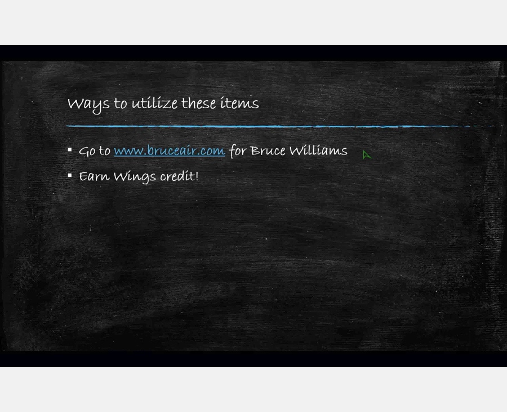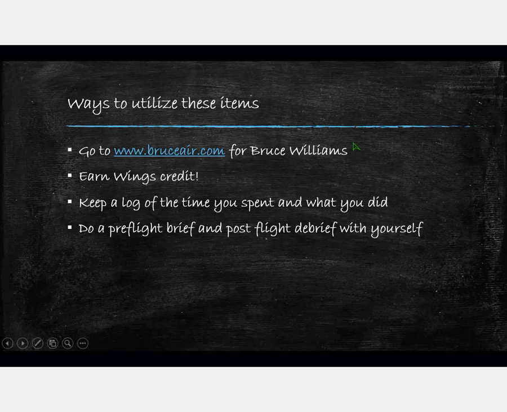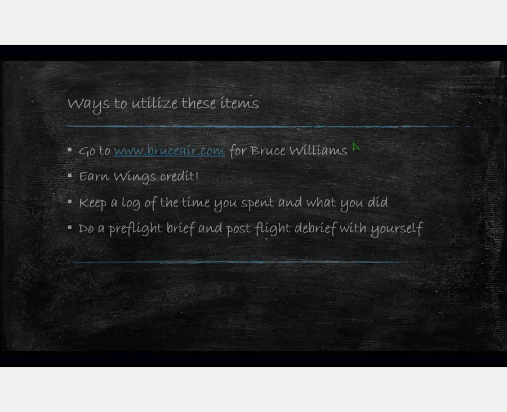You can actually do his books, the FAA Flight Industry Training Standards, have your students, even if they're going for a BFR or something, do those courses, and then they can earn wings credit for it. And keep a log of the time that you spent and what you did. It's very basic. Do a pre-flight brief and a post-flight debrief, just like you would in the actual airplane.